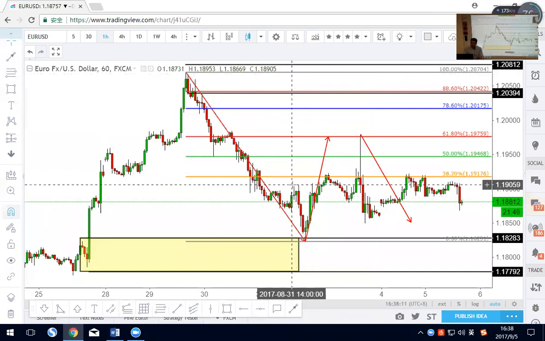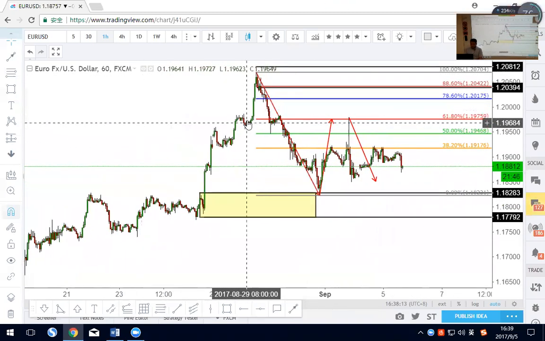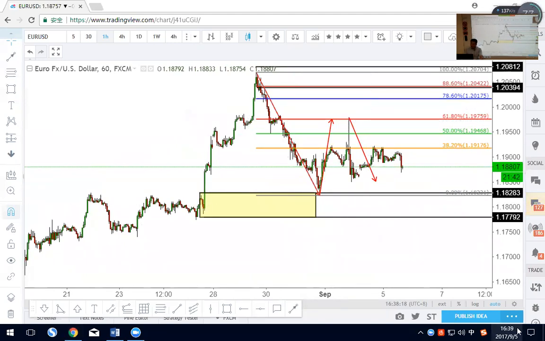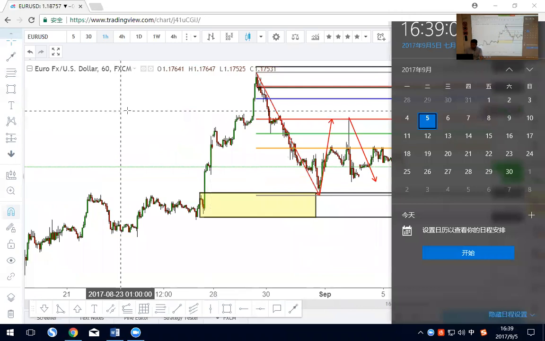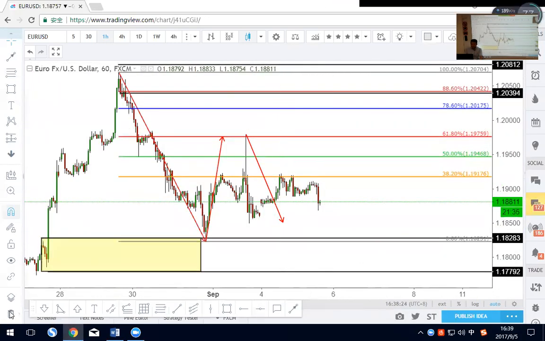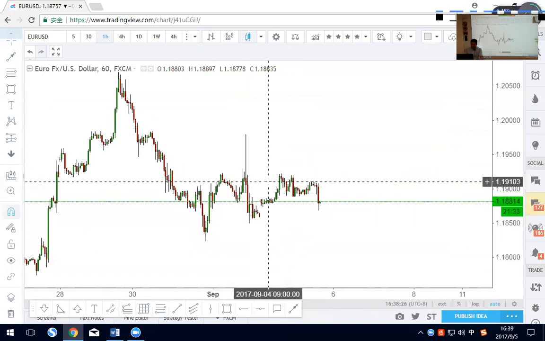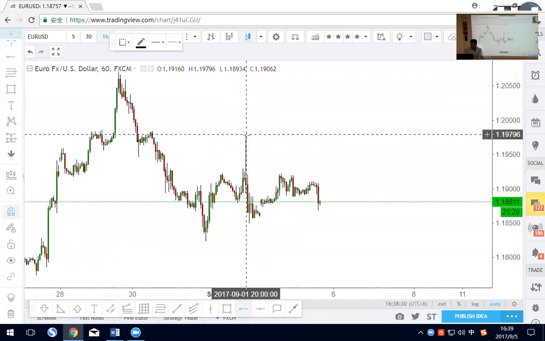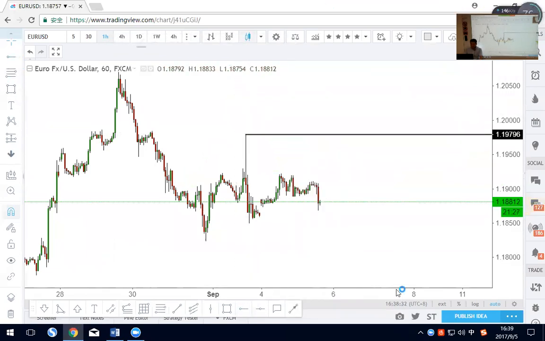Okay, so what about now? Today is Tuesday, and now let's look at whether the euro broke the range of the non-farm payroll day itself. No, right? It didn't break up to the high. It didn't break the low.